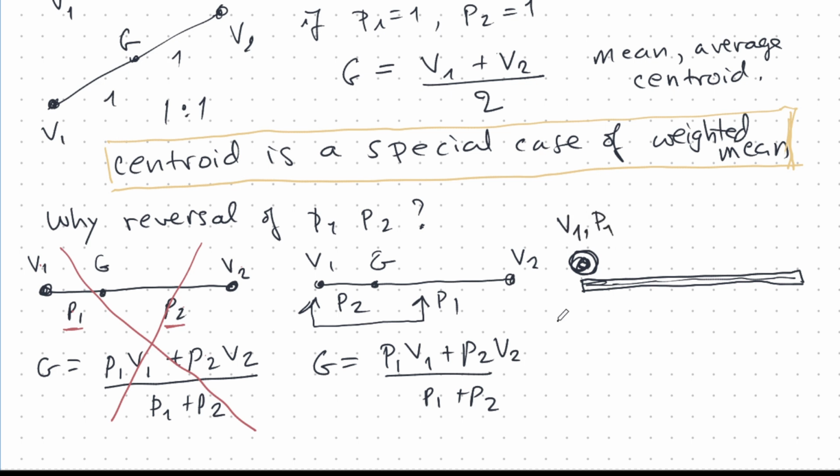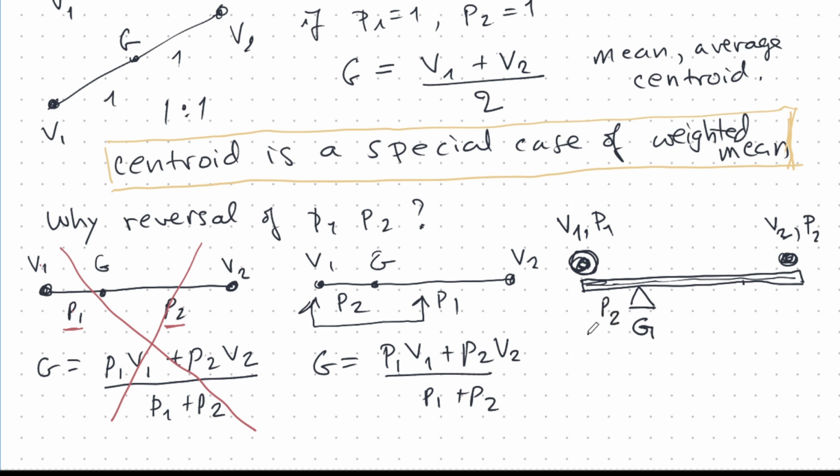P1 is the weight and P1 is heavy, and at position V2 I have a lighter weight P2. Now of course this is wrong. You can't have something like this. You have to put the fulcrum here, and this is point G, and this is going to be P2.